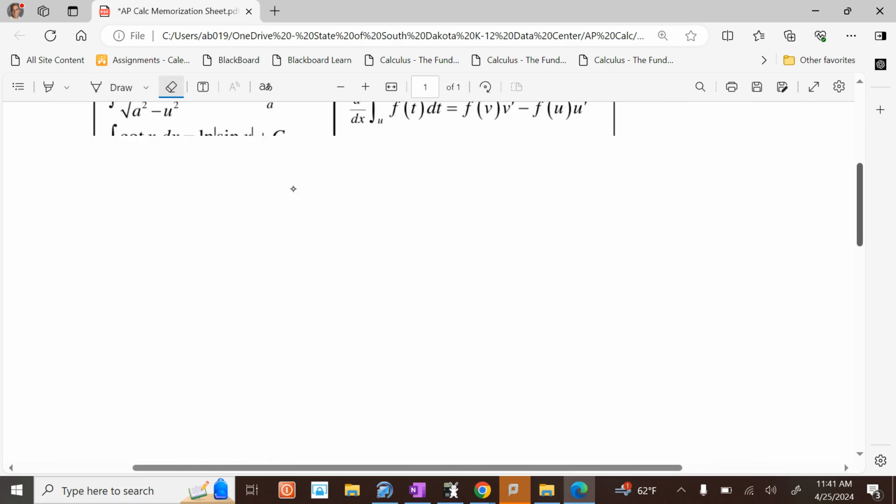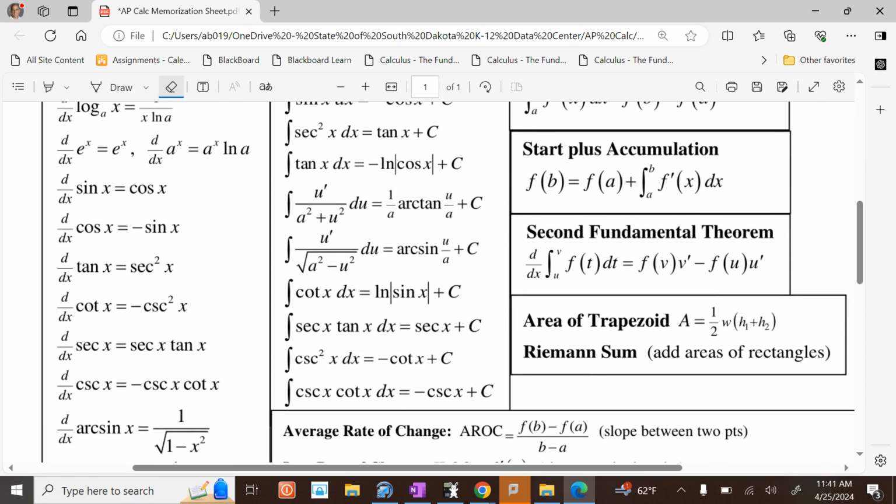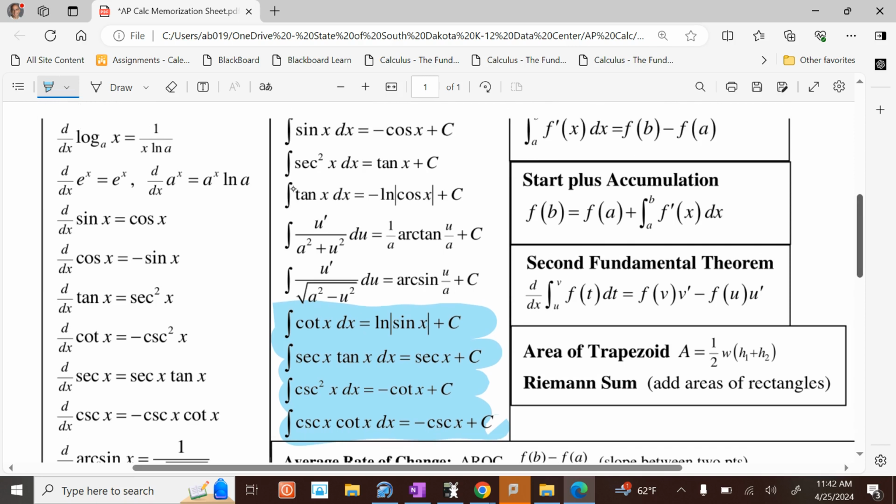Then you'll have your integrals. Don't worry about this one. And actually, I will not put these 4 on the quiz. But understand the derivatives and integrals are just opposites of each other. But I'm not putting those 4 on the quiz.